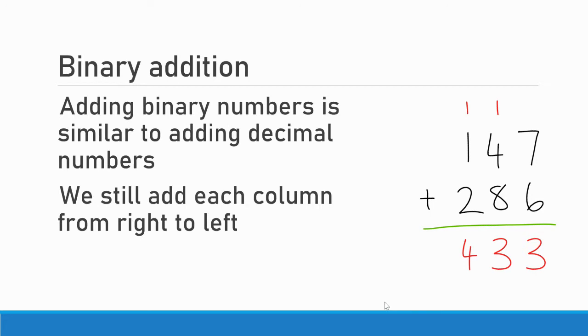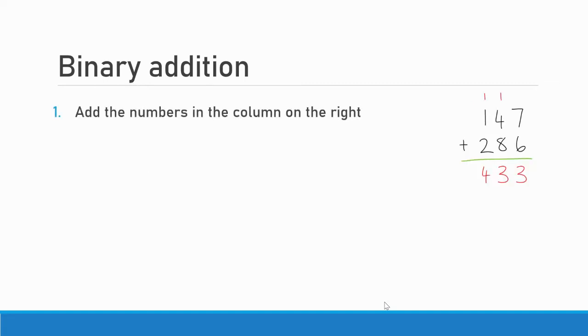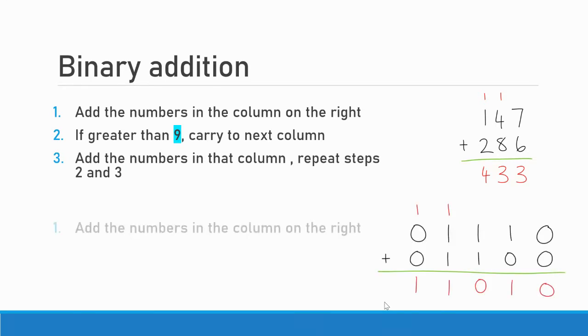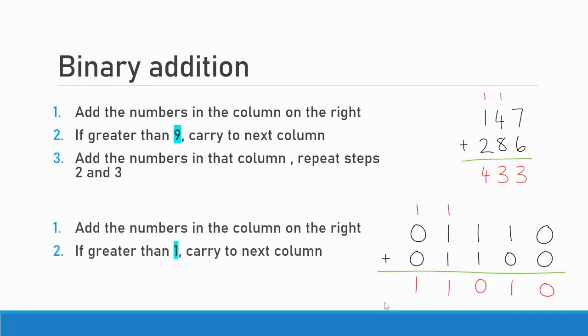When we're adding binary numbers, we do something that's very, very similar. We still add each column from right to left. So when we're doing decimal numbers, we carry if the sum is greater than 9. In binary, we carry a 1 if the sum is greater than 1. So let's compare and contrast these two additions.